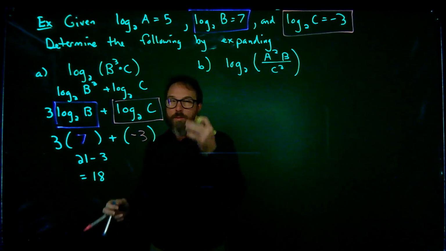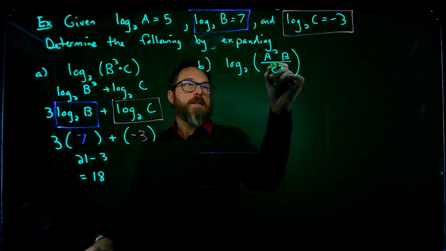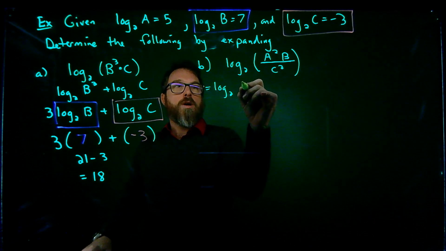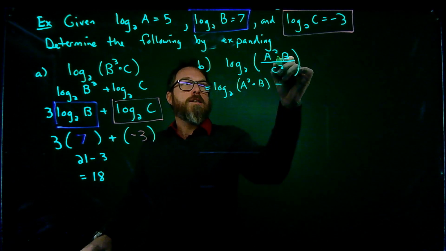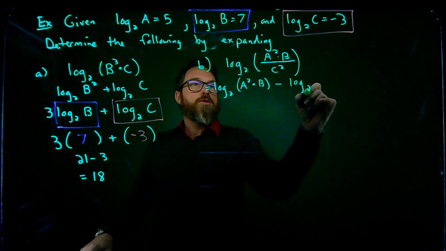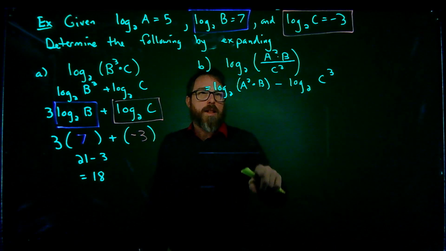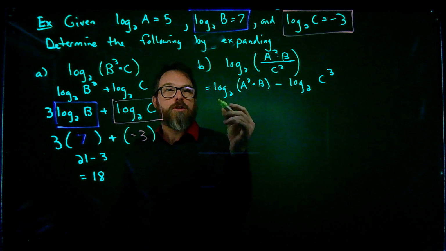Now similarly, we can do this as well. This is going to be equal to, we've got to handle the biggest operation here, so the division first. So the log base 2 of the numerator minus the log base 2 of the denominator. We'll handle the powers last. So now this is still a complicated argument, but a multiplication turns into addition.